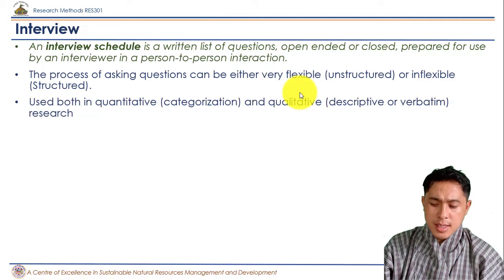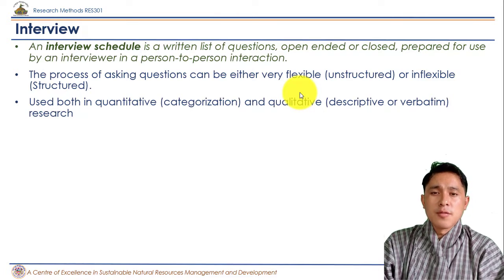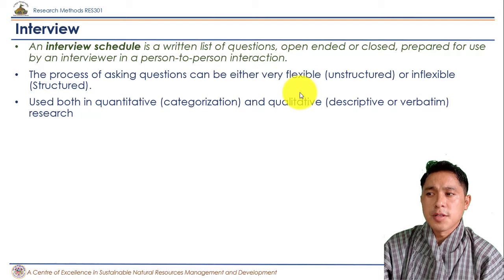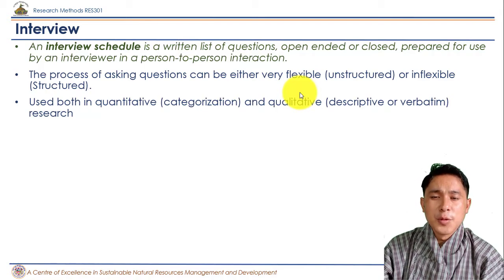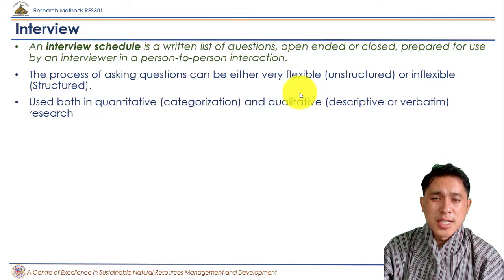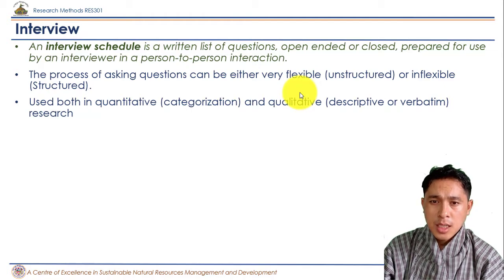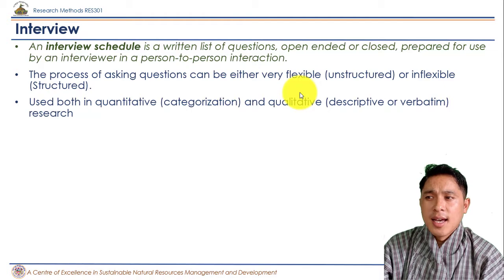Unstructured interview is most commonly used in qualitative research, while structured interview is mostly used in quantitative research. However, like I said, interview is a very versatile method of data collection and is one of the most commonly used data collection methods, especially in qualitative and social sciences.